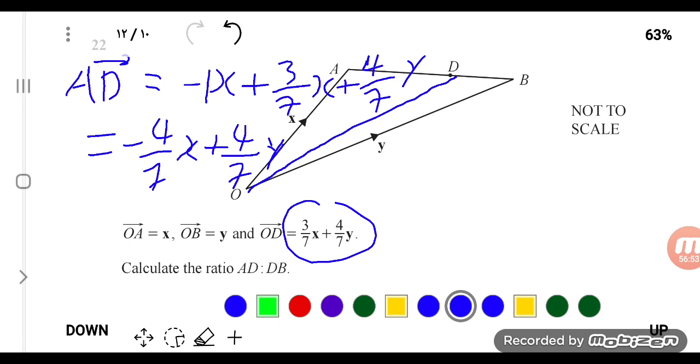So since you found AD, you can easily decide that since you have 4 over 7, this means the ratio is 4 to 3. So 4 to 3. And that's the whole solution of the paper.